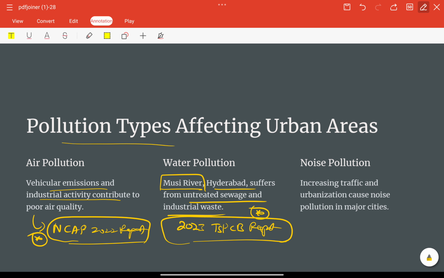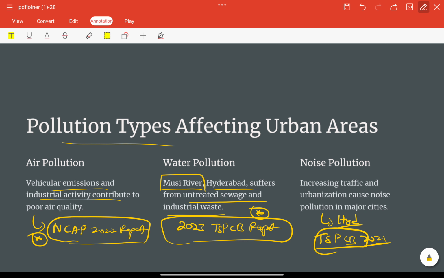Next we have noise pollution here, right? Especially increasing traffic and urbanization have led to high levels of noise pollution, particularly in cities like Hyderabad, right? So as per the study conducted by the same Telangana State Pollution Control Board, right? That is also very important here, right?